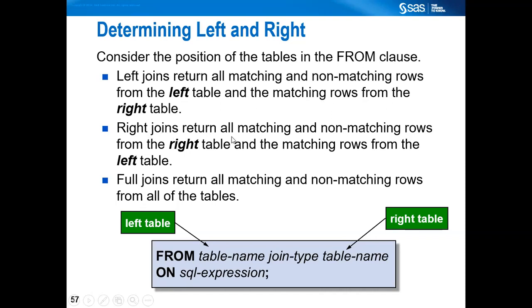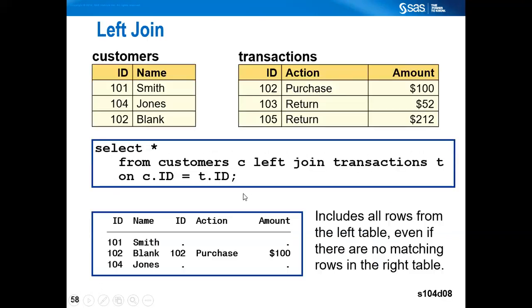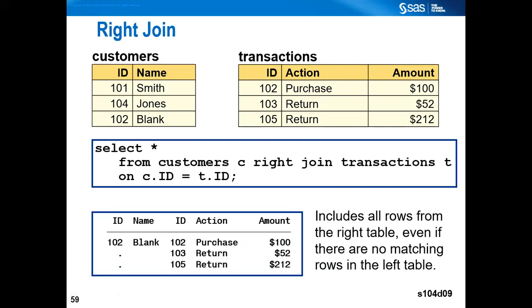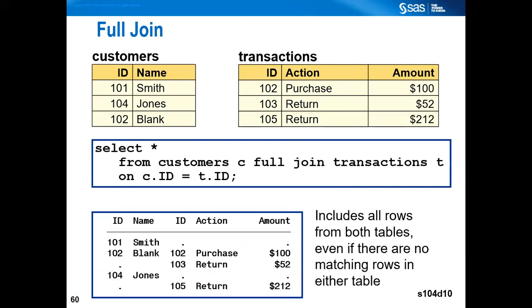Right joins return all matching and non-matching rows from the right table and the matching rows from the left table. Full joins return all matching and non-matching rows from all the tables. So this is the left join and you get this output, which includes the rows from the left table even if there are no matching rows in your right table. Same goes with right, and this is with full join.